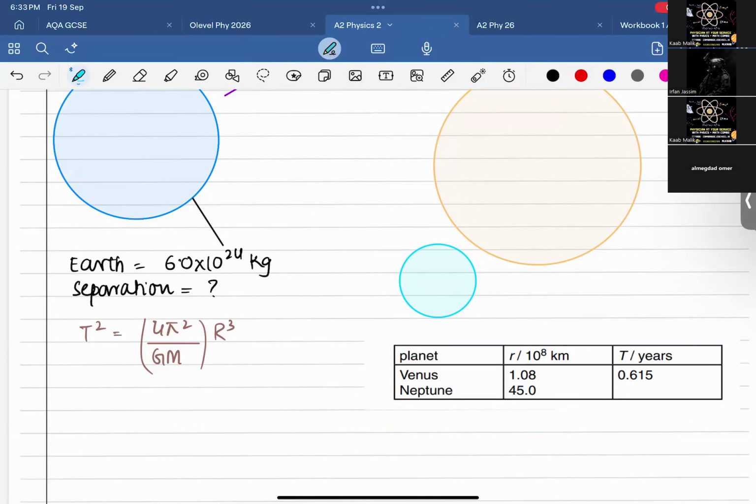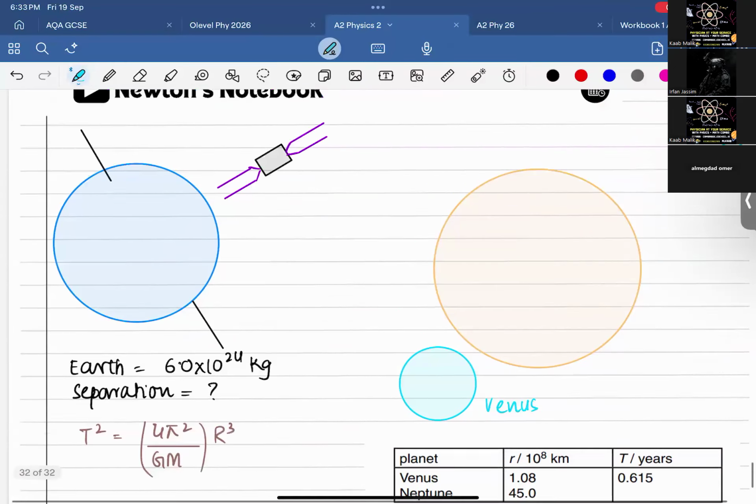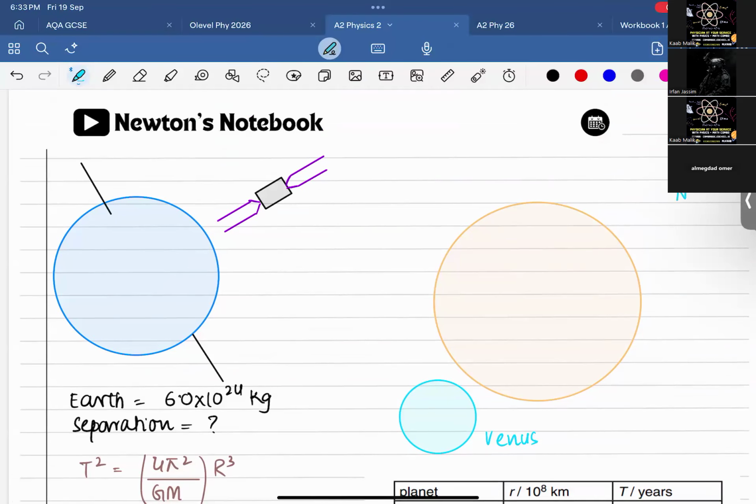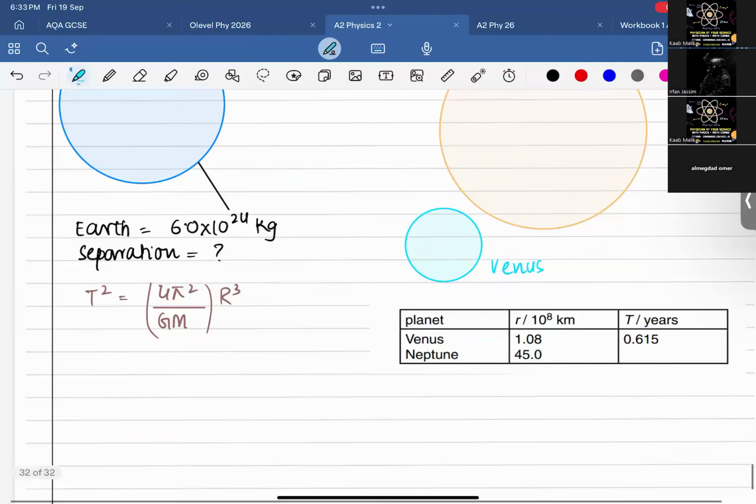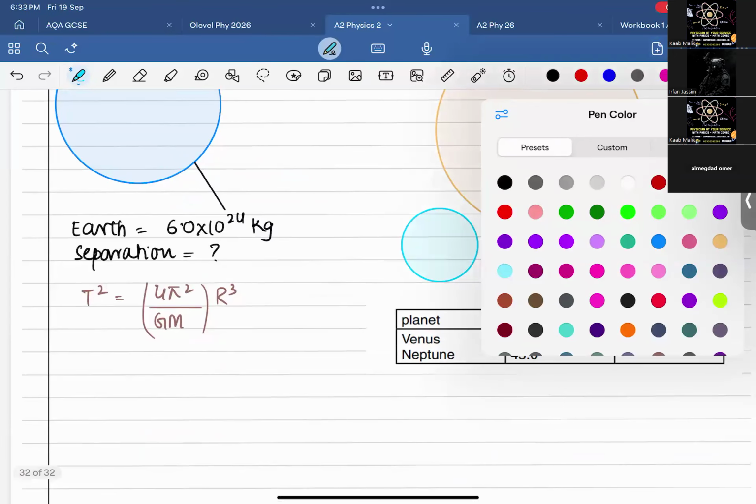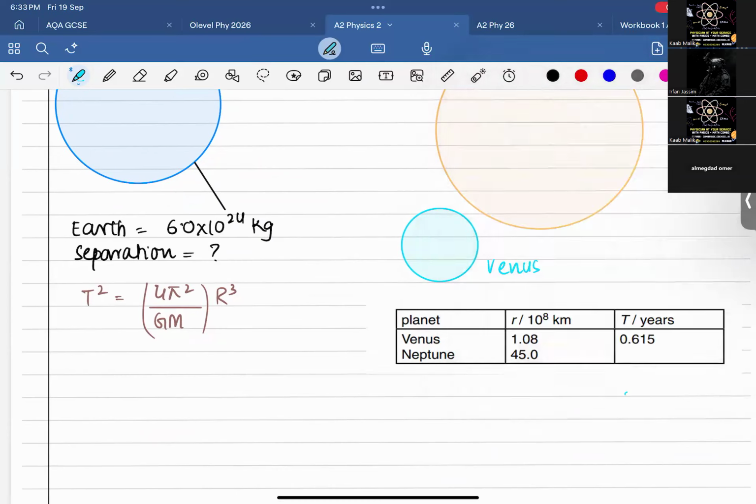One planet is Venus. This is Venus, and that is Neptune. Okay. So you have to use the similar formula that we were using to find out the period of the Neptune around the sun. We don't know anything.